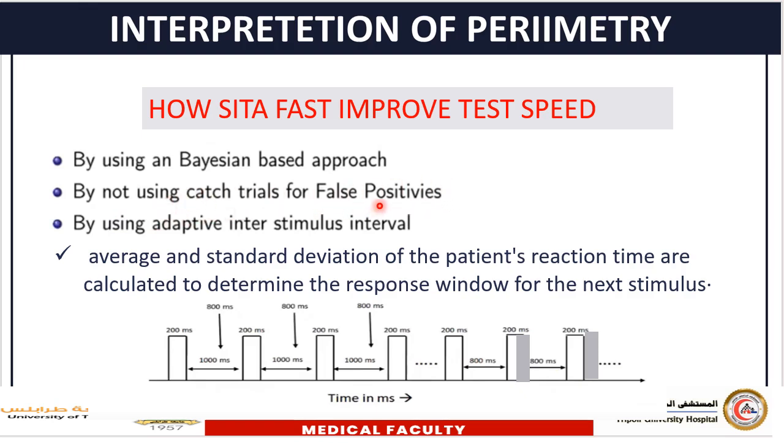Now, this is eliminated in SITA Standard only, but in SITA Faster, it eliminates both the false positive and false negative catch trials, along with the fixation catch trial for the blind spot, and it only keeps the gaze tracking. The last parameter for why it is short in time is that it has an adaptive interstimulus interval, as I explained here. The machine will understand the reaction time of the patient and it will adjust the interstimulus interval accordingly.